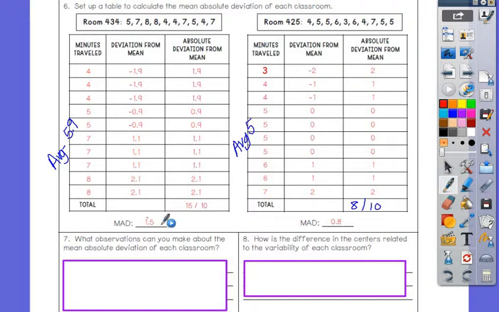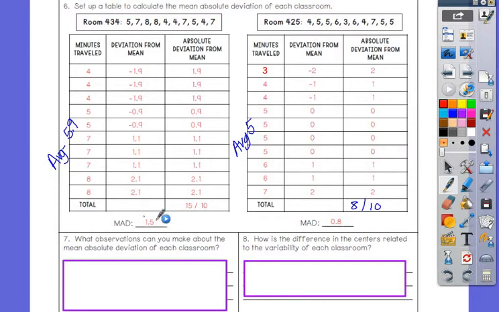So this is 1.5, this one was 0.8. This one was really close to 0, which means most of these numbers here are going to be close to my average of 5. And if you look at them, most of them were either 5 or really close to 5.